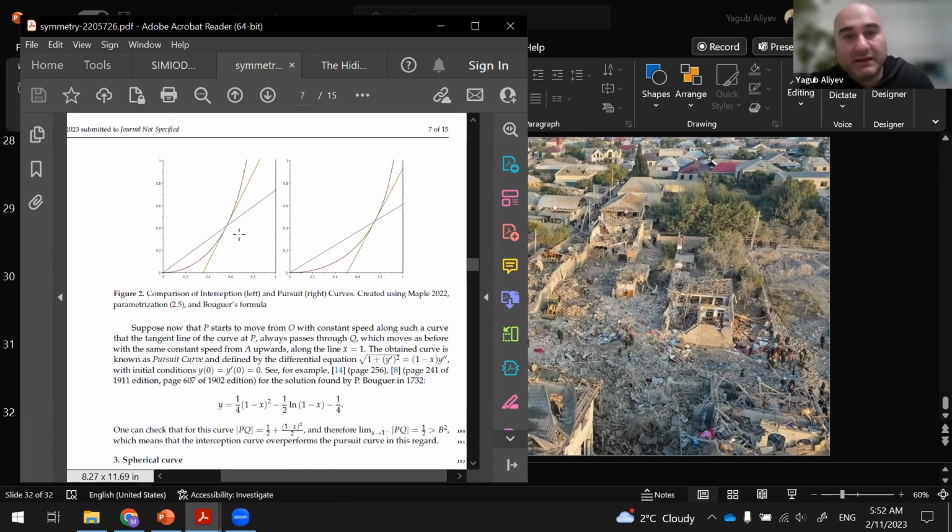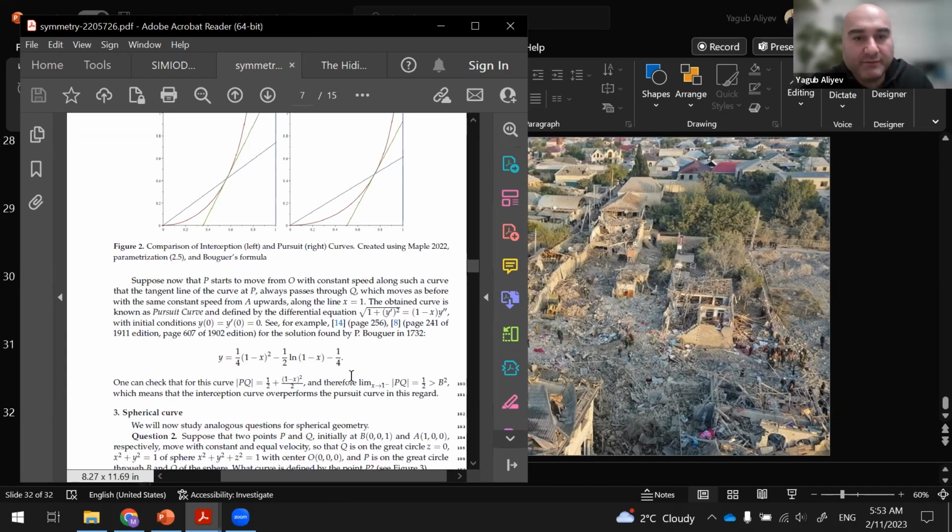It can be shown that this strategy of being on the same straight line with the evader is a better strategy. So the pursuer approaches the evader better if it follows this strategy, not the strategy in the pursuit curve.